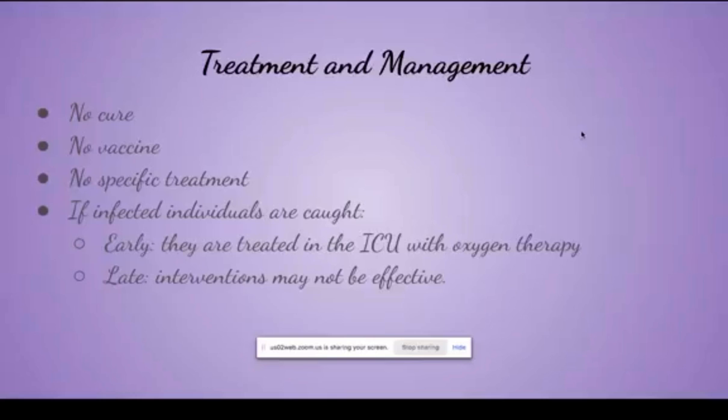Generally, being treated in the ICU entails oxygen therapy. They may need to be intubated. If the disease is caught later on in its later stages, the interventions may not be effective. So what you do with the treatment for this disease is you treat the symptoms of the disease, not the disease itself.